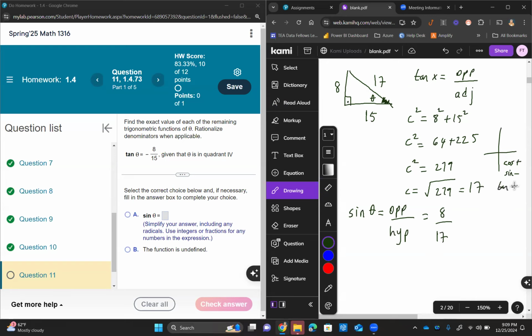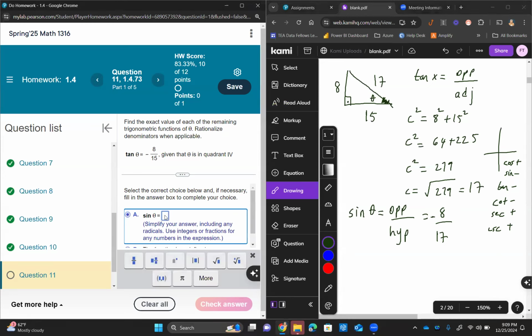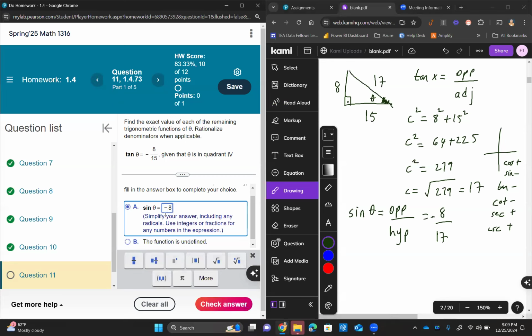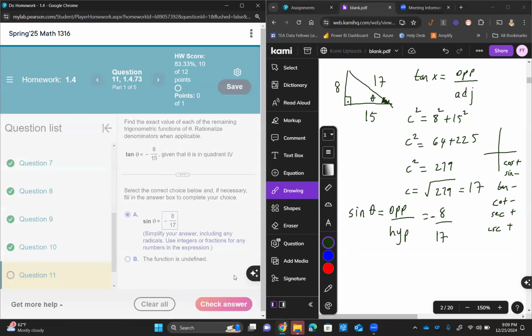Tangent will be negative because negative divided by positive is negative. Cotangent is always the same sign as tangent, secant has the same sign as cosine, and cosecant always has the same sign as sine. So sine will be this ratio, but it needs to be negative. So I'm going to choose A, and I will enter it. The answer is negative 8 over 17. And then we'll check the answer.